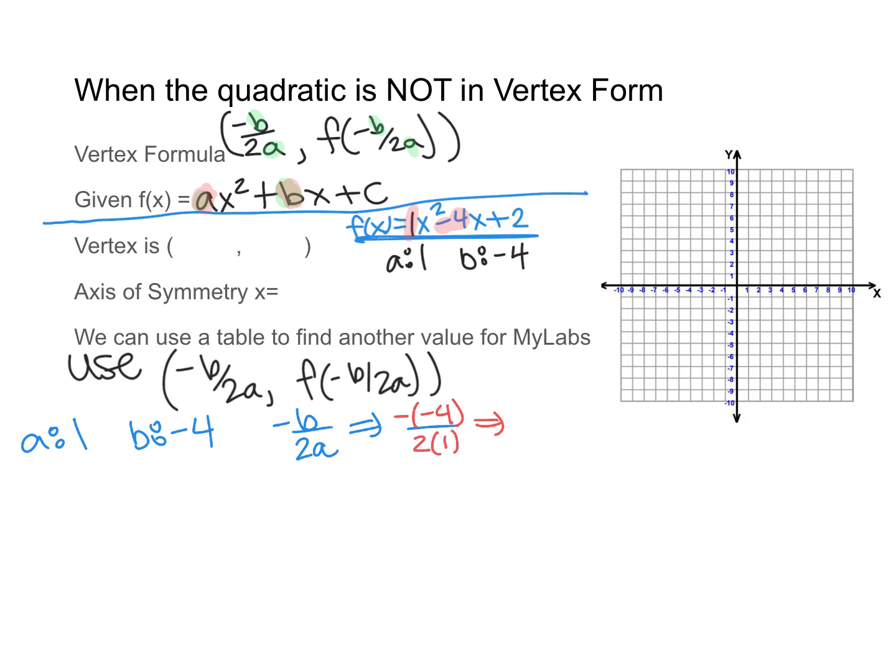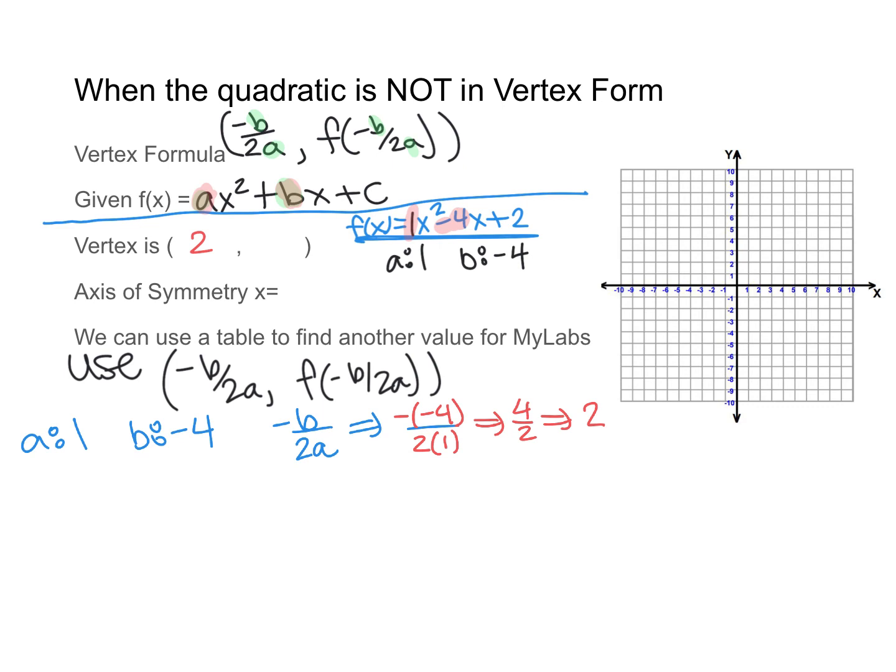Well, then I work that out. So a negative of negative 4 is just a positive 4. So 4 over 2 is just 2. Now what I just found is the x-coordinate of my vertex.